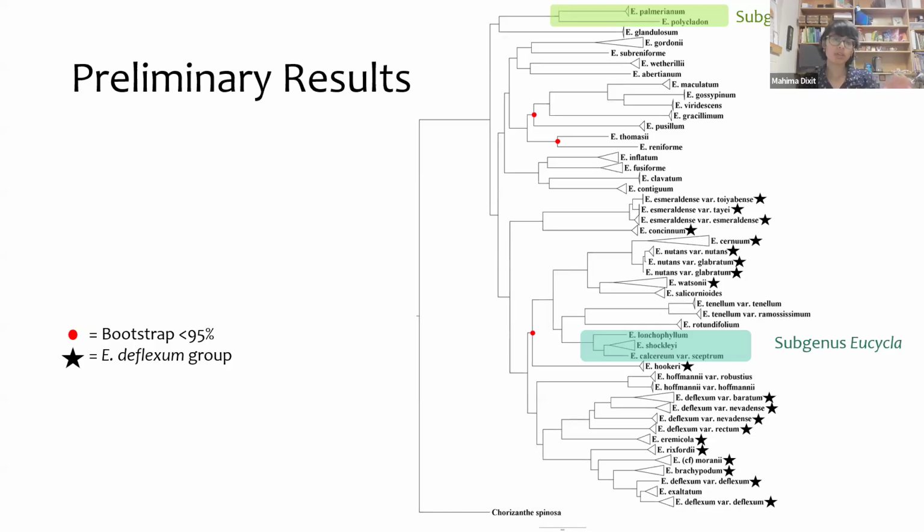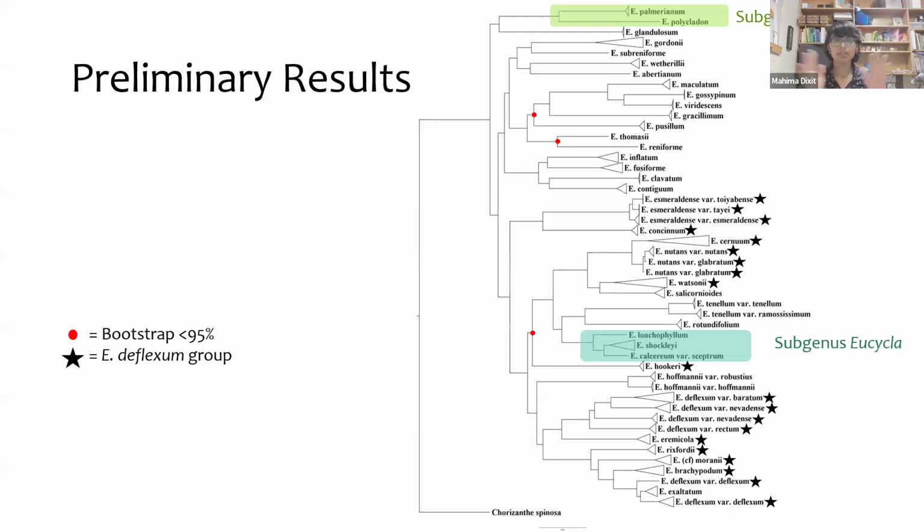This tree is also rooted to Coryzanthus spinosa, which is a relative in the same subfamily. And the last thing I wanted to point out in terms of orienting is that if there's a star, it is part of the Eriogonum deflexum group, or those buckwheats with the upside down flowers.